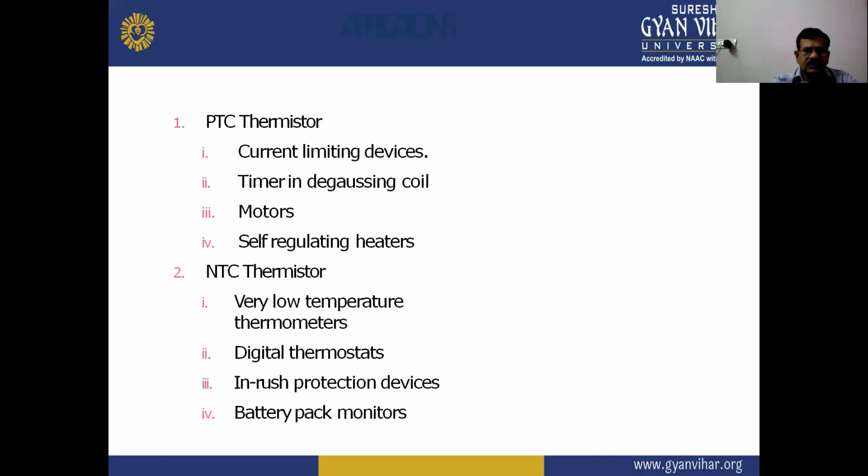Next, there are generally two types of thermistors. First one is the PTC. PTC is used in current limiting devices, timers, degaussing coils, motors, and self-regulating heaters. So these are some applications of the PTC thermistors.